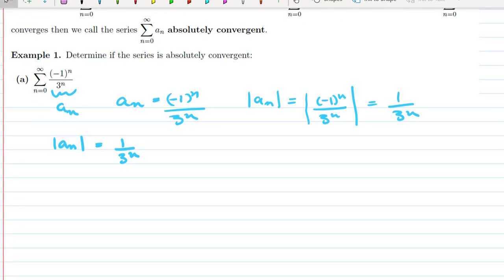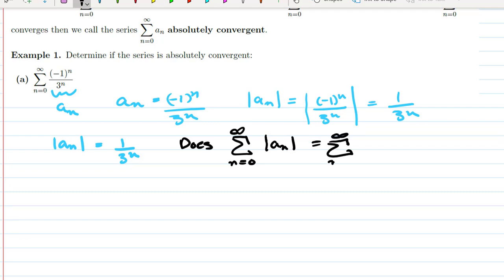So now the question becomes, does the series of the absolute values converge? In this case, that's the sum as n goes from 0 to infinity of 1 over 3 to the n.